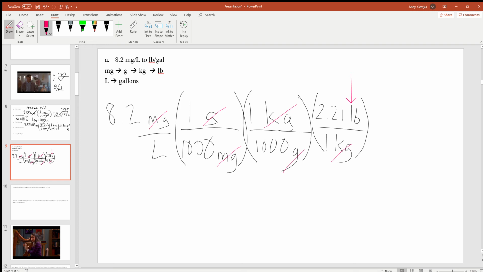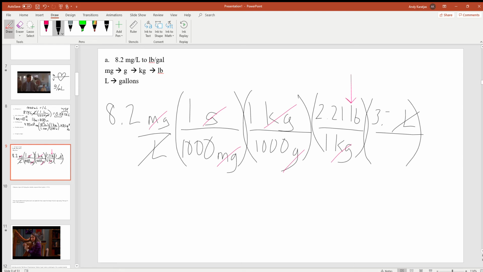Now we can do the same thing the other way to convert our volume unit. But now we need liters on top so that liters can cancel. And we can look it up.